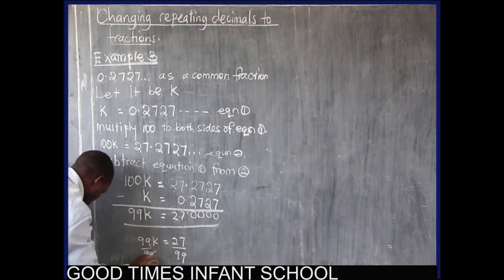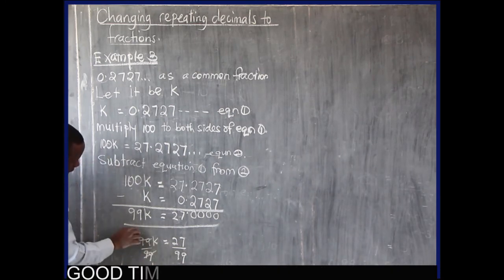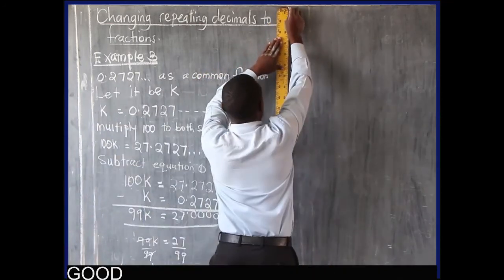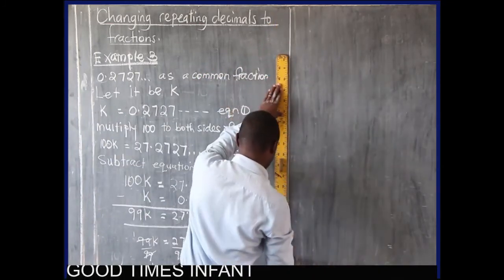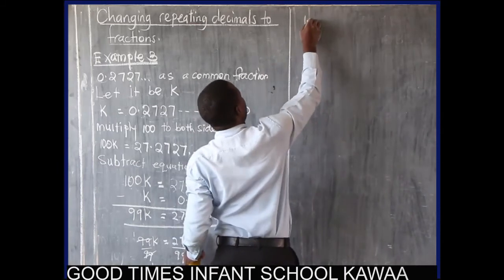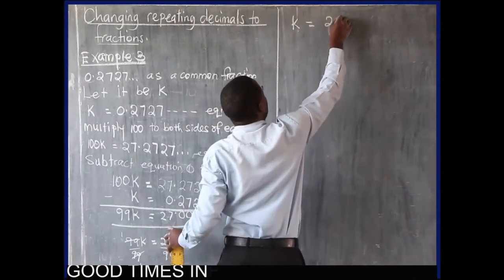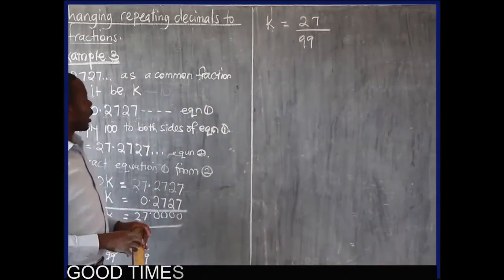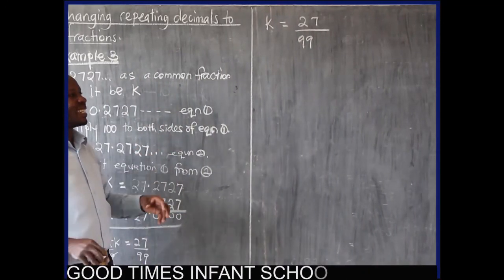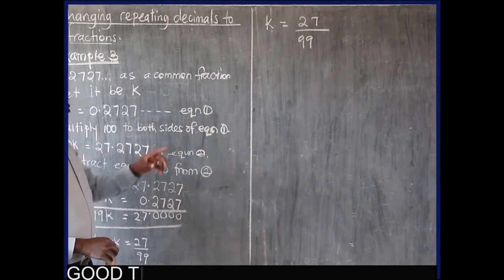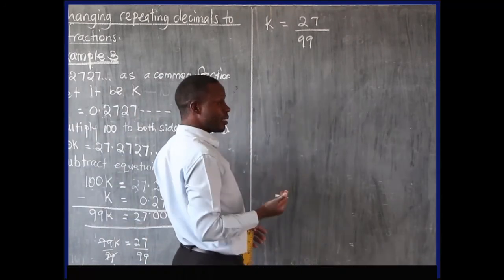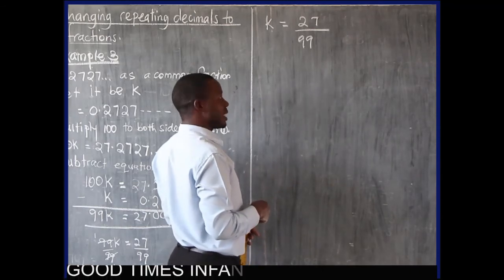99 divided by 99, 1. Now we shall have k equals 27 out of 99. We cannot leave the fraction here because they say common fraction. We leave it in simplest form. So factors of 27 and 99, there are many, but I would like to take 9.